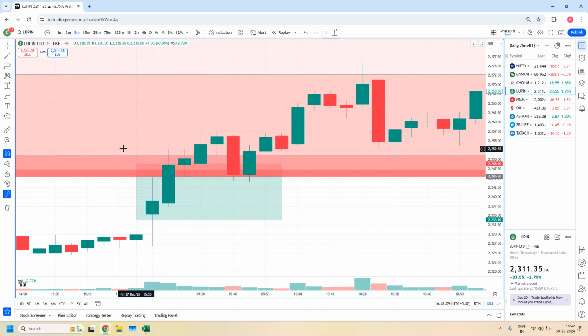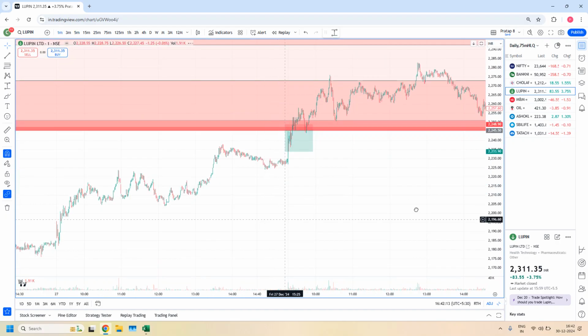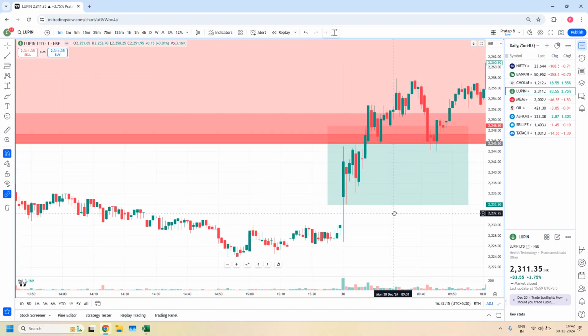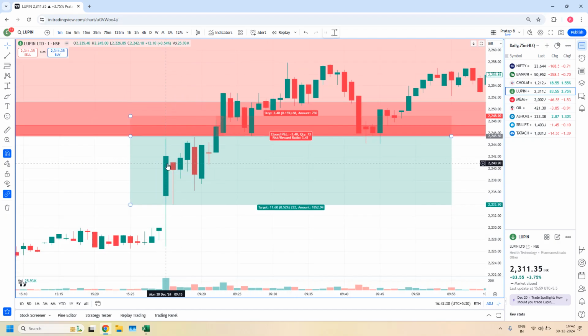This is 5 minutes, but actually it is a 1 minute candle, not 9:15. In this morning 9:19 candle, it just reached the zone and then prices came down, but it did not achieve 1:3 RR. But the 9:15 candle also reached with a small entry buffer, and that one achieved 1:3 RR.